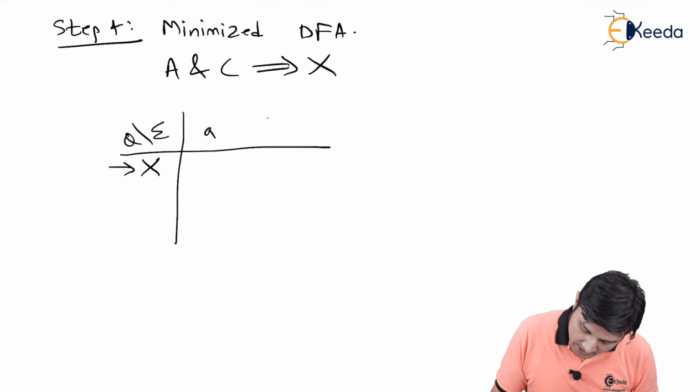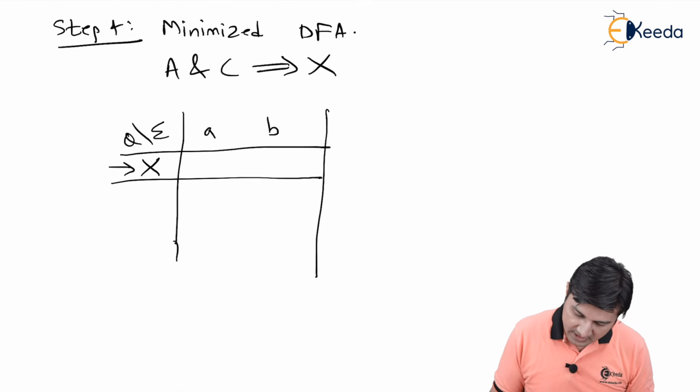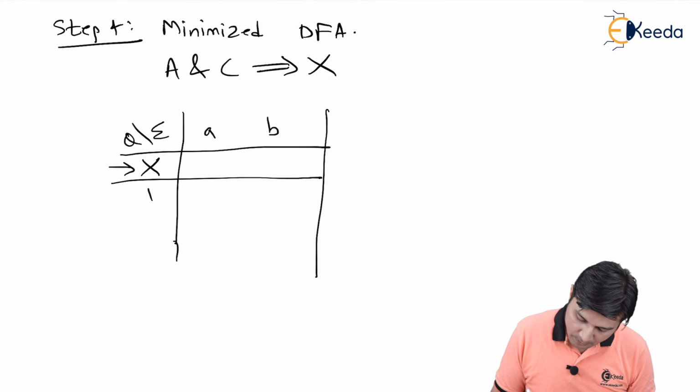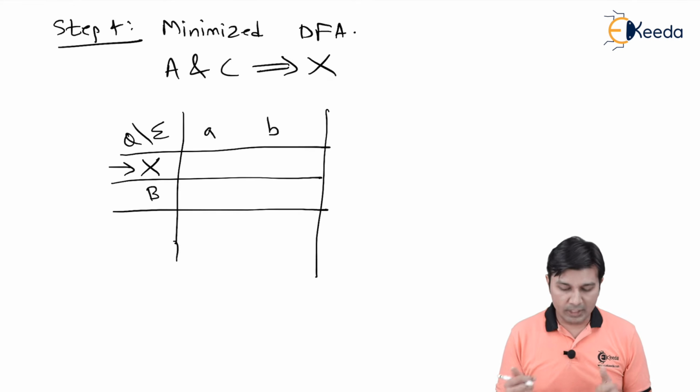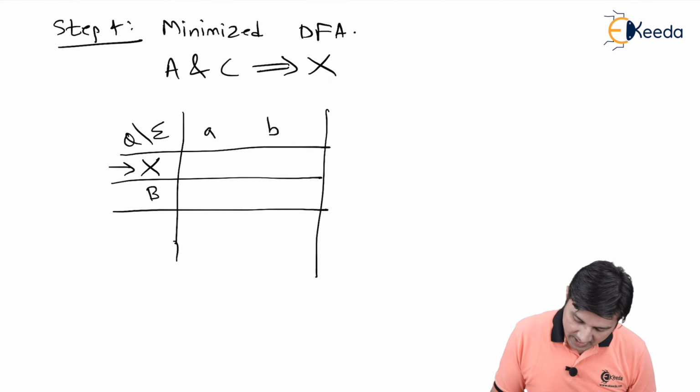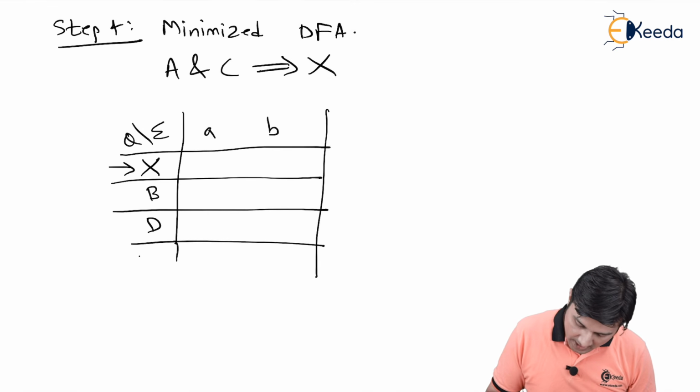Input is A, input is going to be B. After X, the next was B. After that, the next was C. But C and A are combined together, so we need not write it because we have already written X for the same. So skipping C, after this I have D and I have E, which we know is the final state.